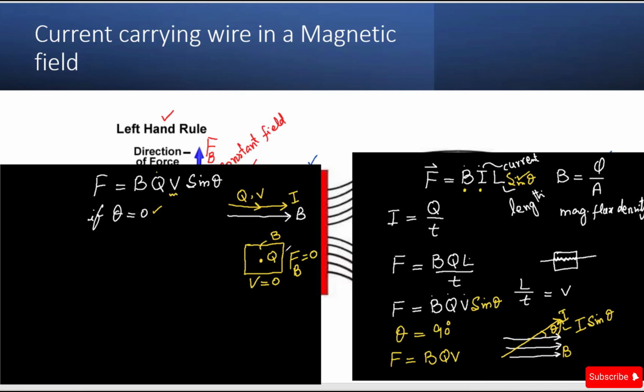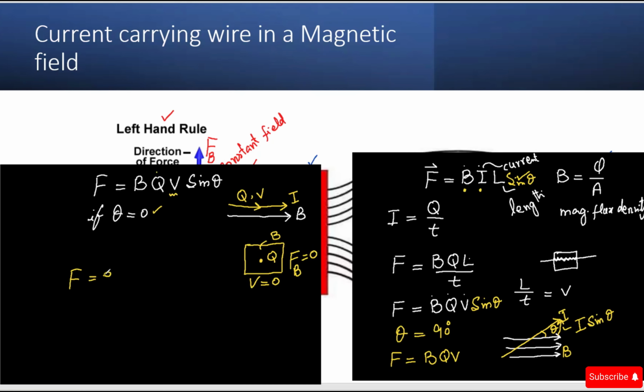So here we can also see one more thing. For an example, we have a charged particle which is a simple proton.